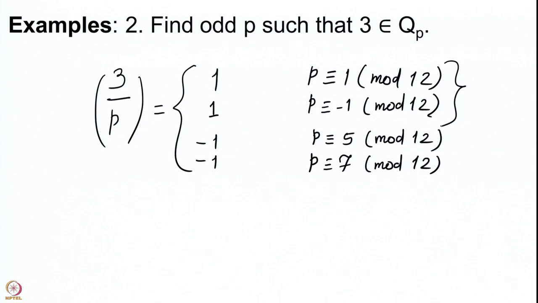So, we get the solution in an arithmetic progression. It can be 1 mod 12 or minus 1 mod 12. So, there are two arithmetic progressions, 12k plus 1 and 12k minus 1. In these, whatever prime you have will have the property that 3 is a quadratic residue modulo this prime.